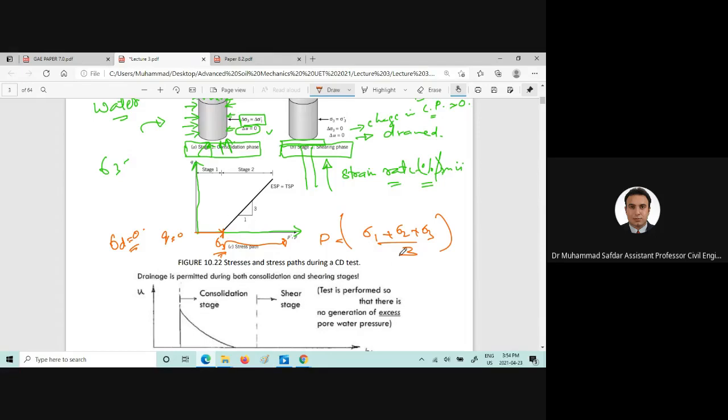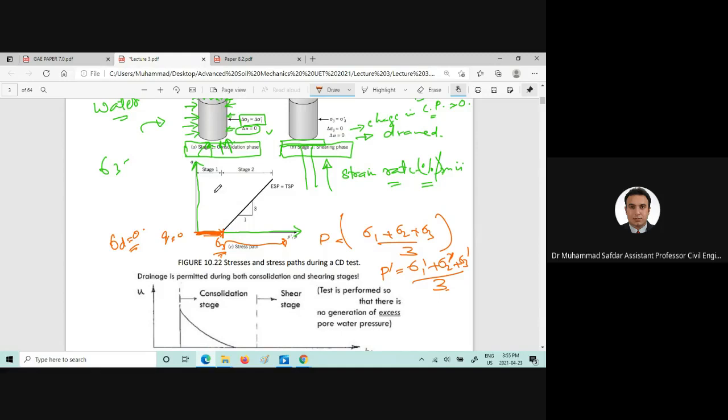And if you are talking about the effective stresses, we can also write that as sigma 1 prime plus sigma 2 prime plus sigma 3 prime, divided by 3. So in the consolidation stage, the stress path will lie on the isotropic compression line.